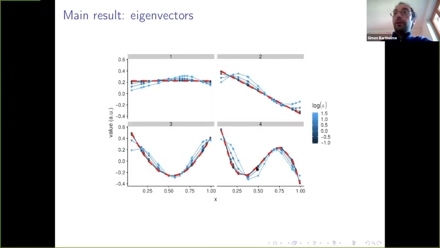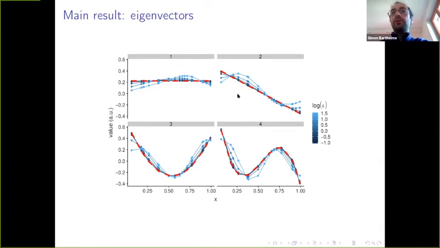So here's an empirical example again. Same data, two slides before. Now we look at eigenvectors as epsilon goes to 0. This is in successive values of blue here. The first eigenvector, second eigenvector, third and fourth. And the limit is in red.